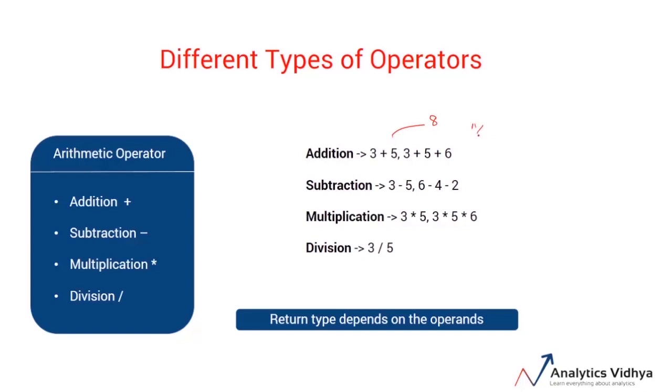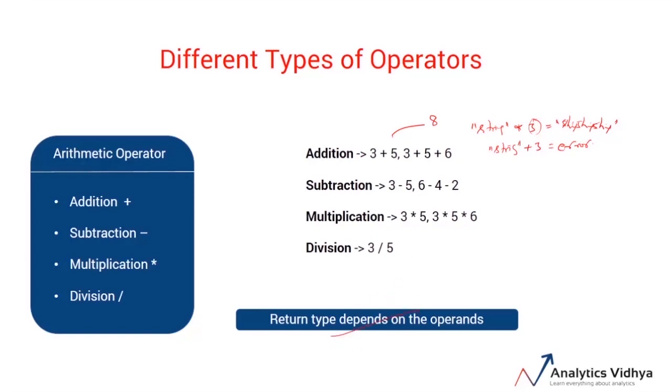But if we take a string and multiply it by a number, it returns a string. Basically, in this particular operation, it returns the string that number of times. So the output is string, string, string. But what if we add a number to a string? In this case, it returns an error. So the return type depends on the operands.